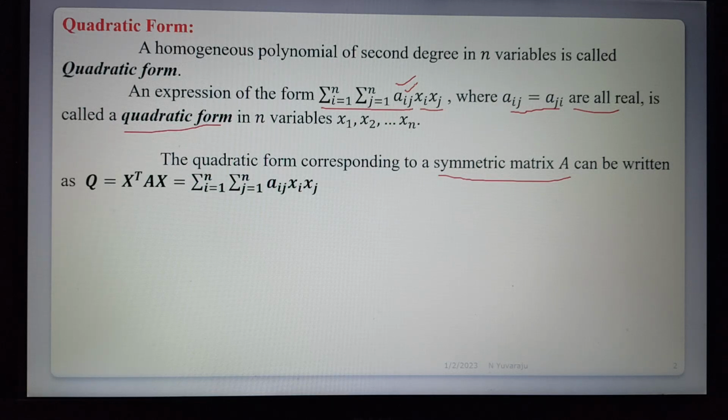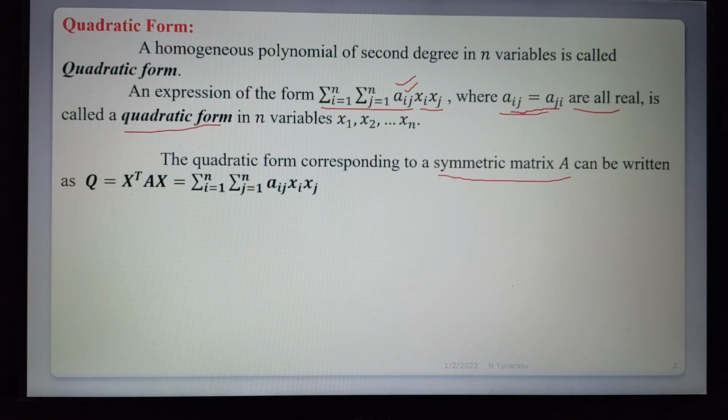Next a12, a21, all are coefficients. These coefficients form a matrix. The matrix must be a symmetric matrix because aij is equal to aji. So a12 equals a21, a13 equals a31, a23 equals a32, and so on, all are equal.